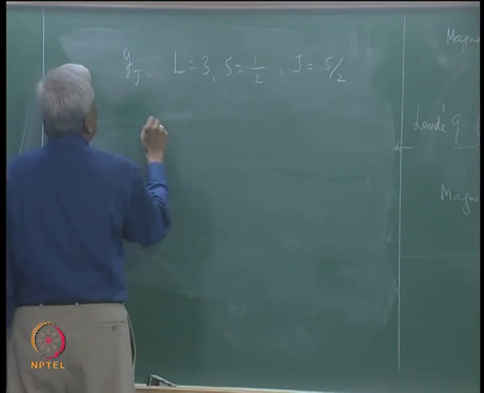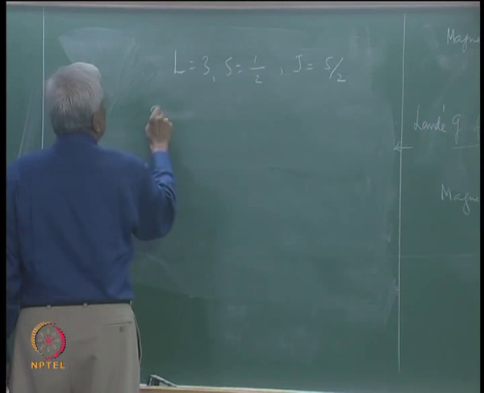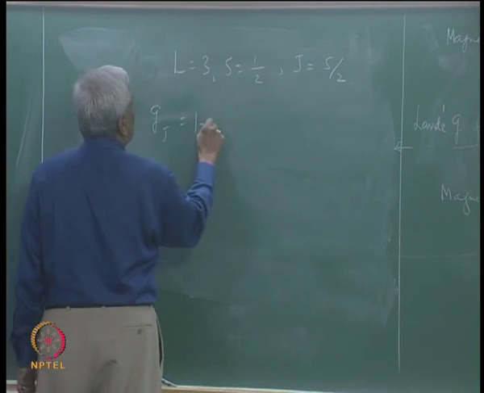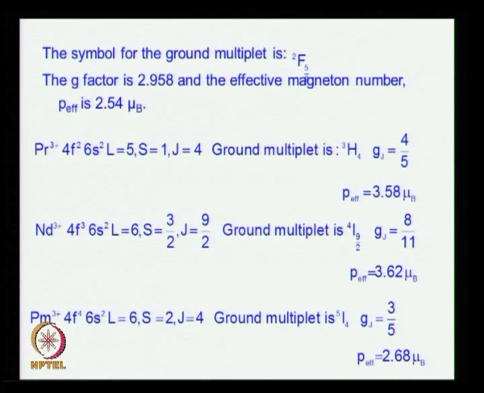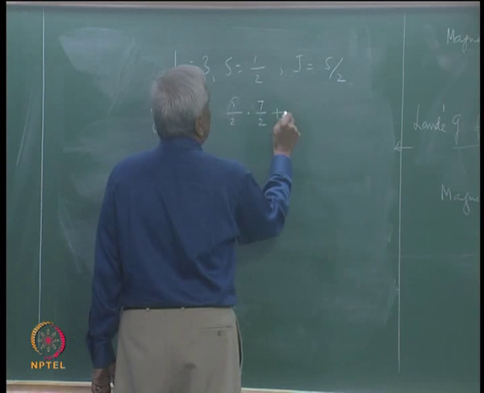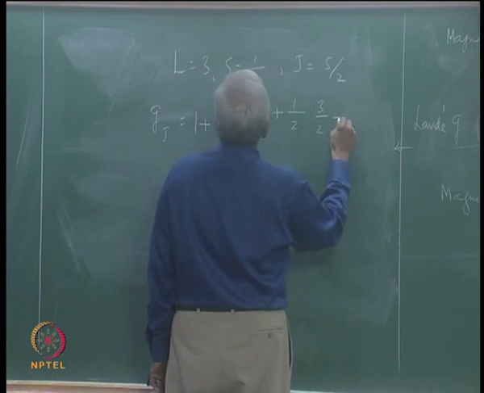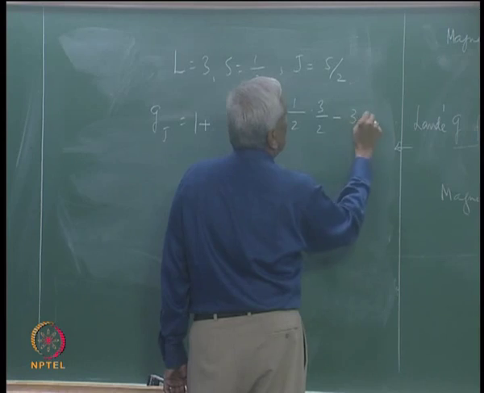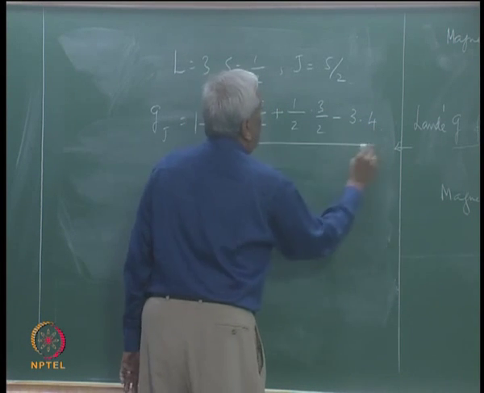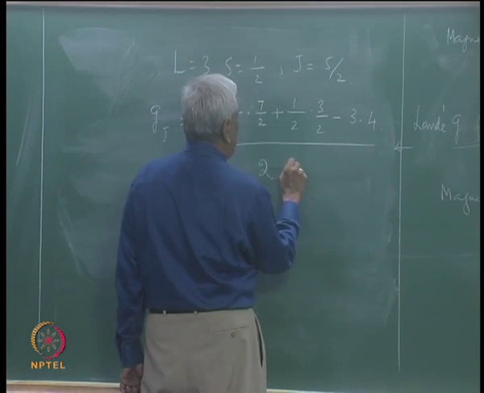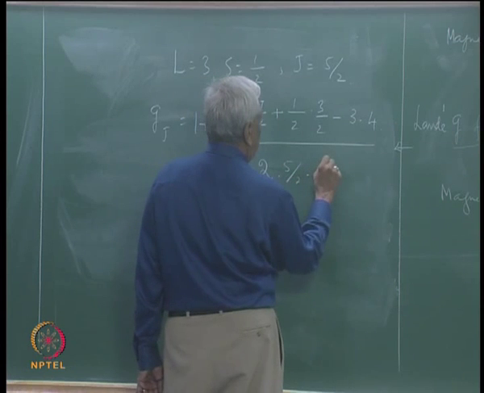The Landé expression for Gj is 1 plus j into j plus 1, which is 5 by 2 into 7 by 2, plus S into S plus 1, which is half into 3 by 2, minus L into L plus 1, which is 3 into 4, divided by 2j into j plus 1.